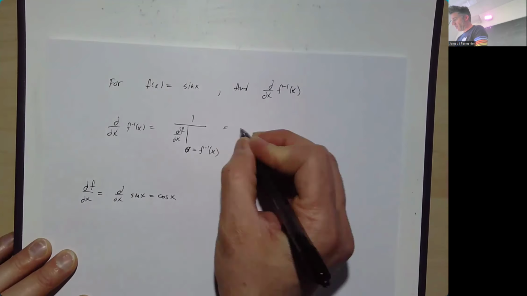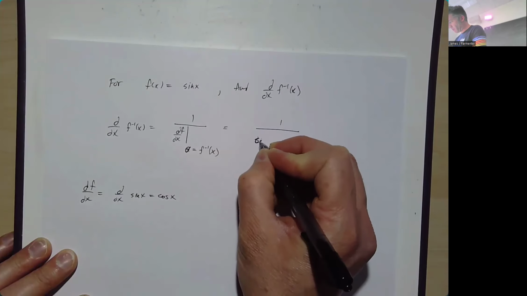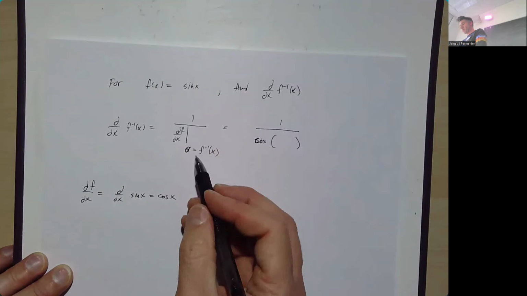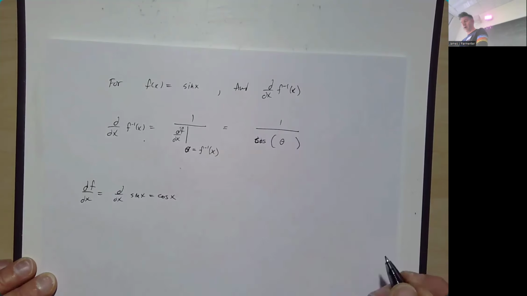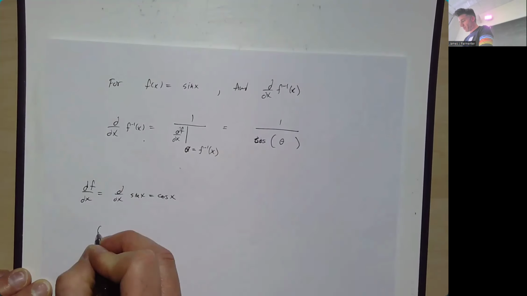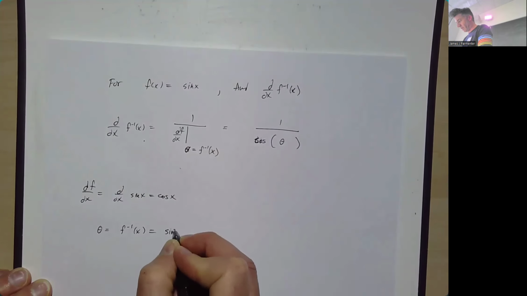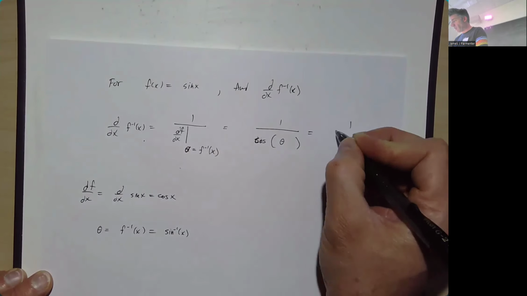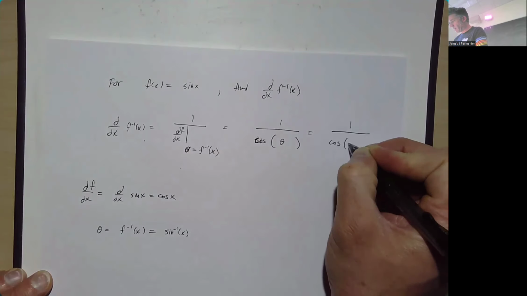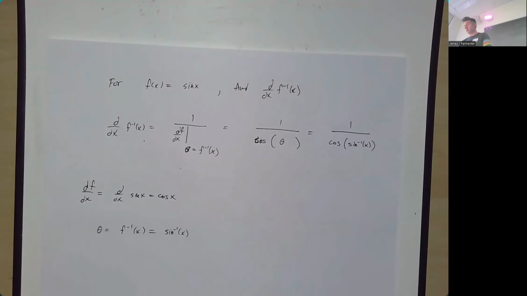I'm going to have 1 over cosine of theta. Theta is equal to my inverse function, which is the inverse sine of x. So this is equal to 1 over cosine of inverse sine of x, which is technically a correct way of writing this answer, but not how we're going to leave it.